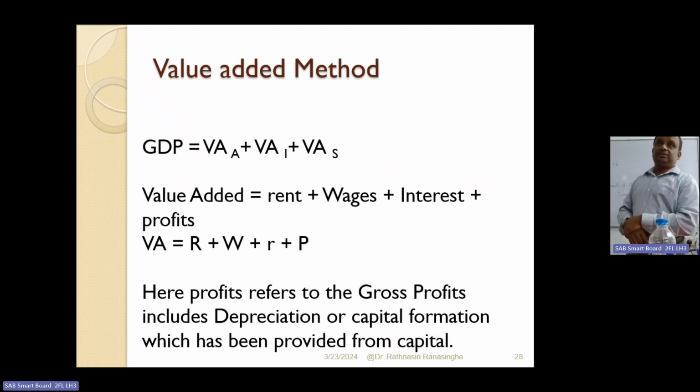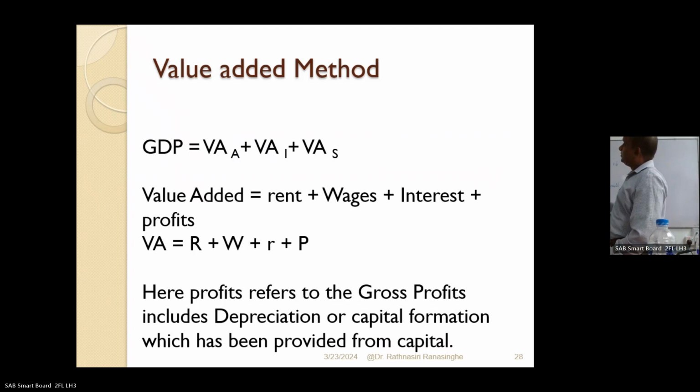When we estimate the GDP, gross domestic product, we take the value addition of the agriculture sector, the value addition from the industrial sector, and the value addition from the service sector. Agriculture sector value addition plus industrial sector value addition plus service sector value addition will add up to the GDP.